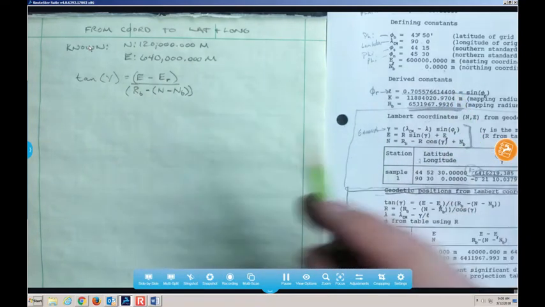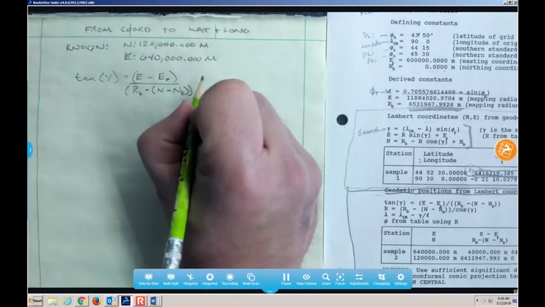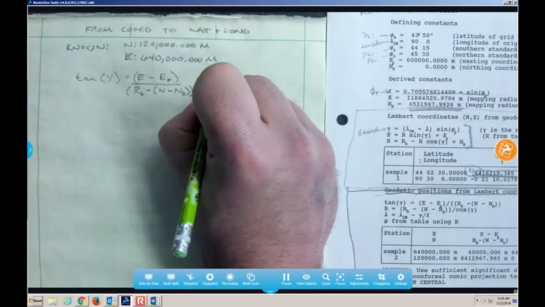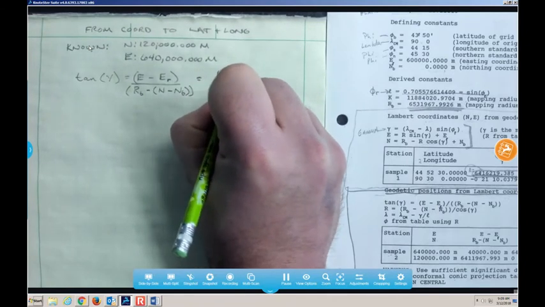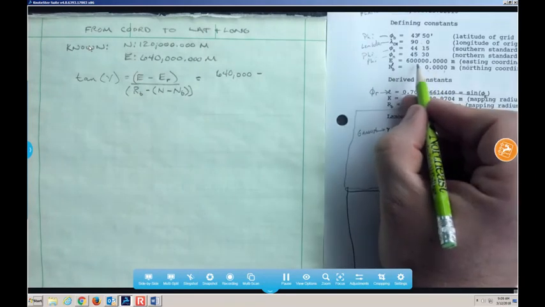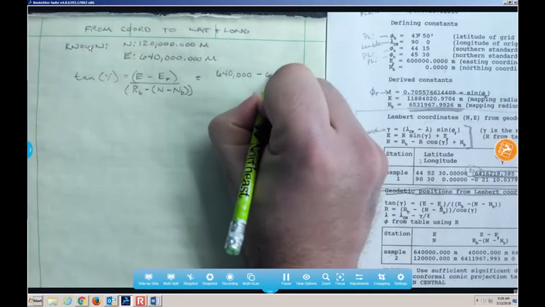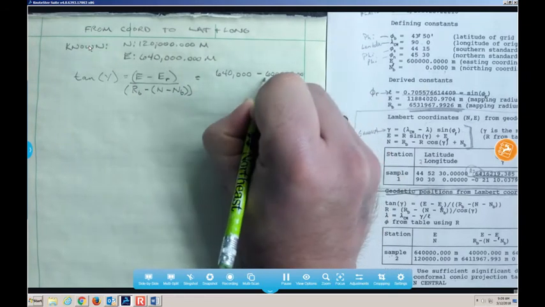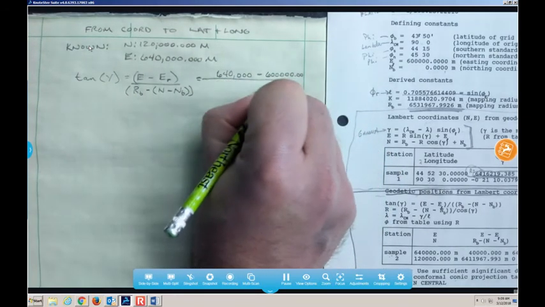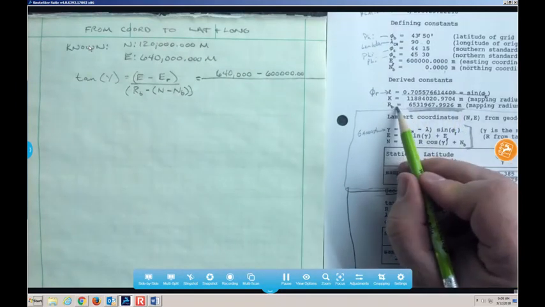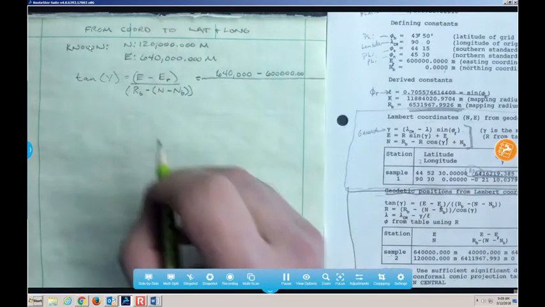Okay? So if we figure this out, E is 640,000 minus ER, which is 600,000 meters, divided by the mapping radius, which was given on the coordinate information.